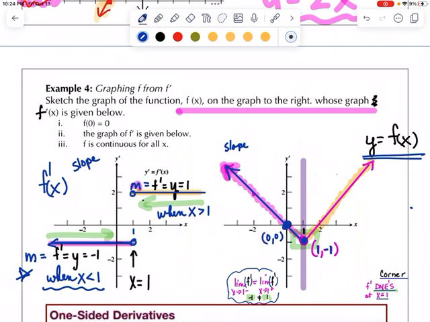And then once I get to 1, now keep in mind, this function is continuous. The slope isn't defined, but the graph is continuous. So I could have said right there, there's an open circle here, right? I'm just going to leave an open circle. Then I'm going to deal with the other side.